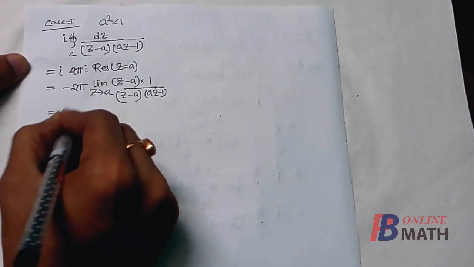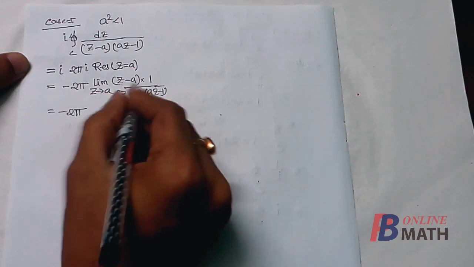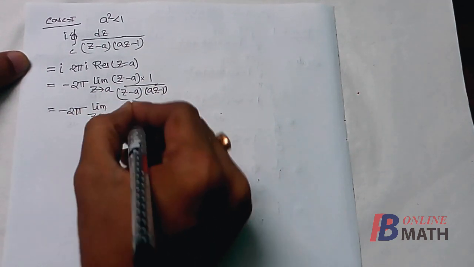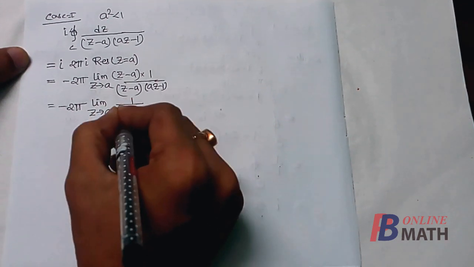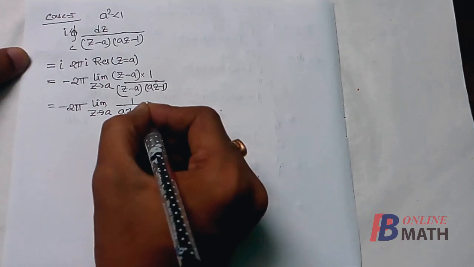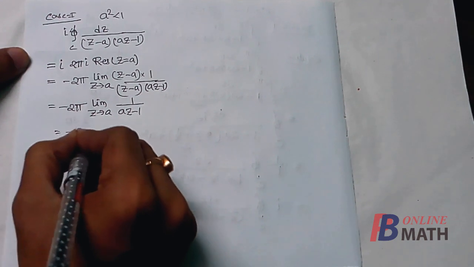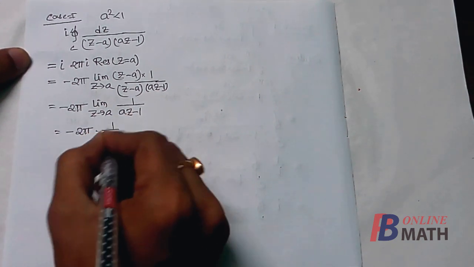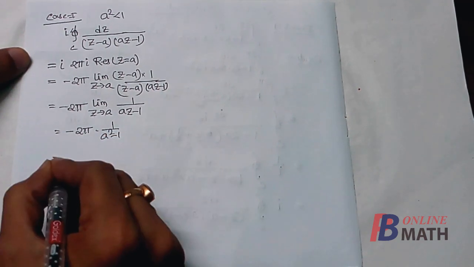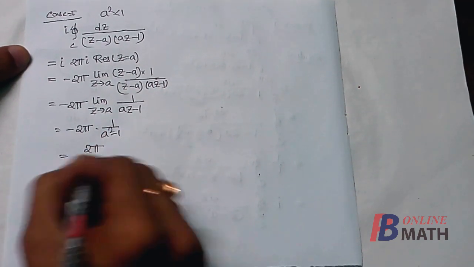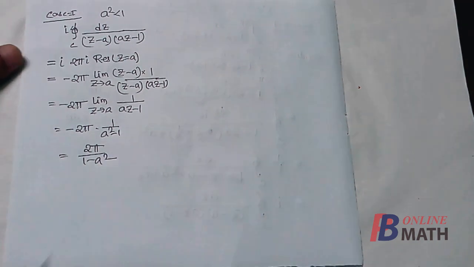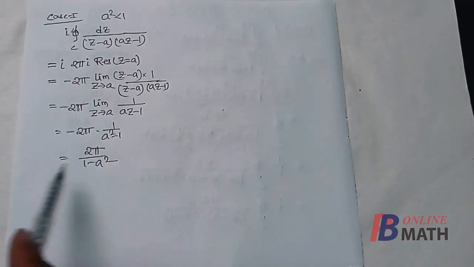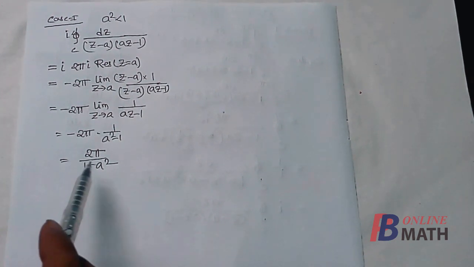So this is equal to minus 2 pi, and cancelling z minus a, we find the limit as z tends to a of 1 by az minus 1. So this is minus 2 pi multiplied by, as z tends to a, 1 by a square minus 1. So it is 2 pi by 1 minus a square. So in the first case the integral reduces to this. This is the value of the integral, 2 pi by 1 minus a square.